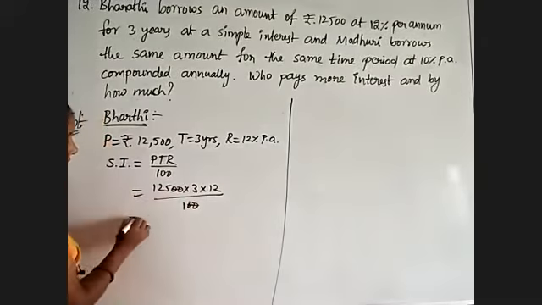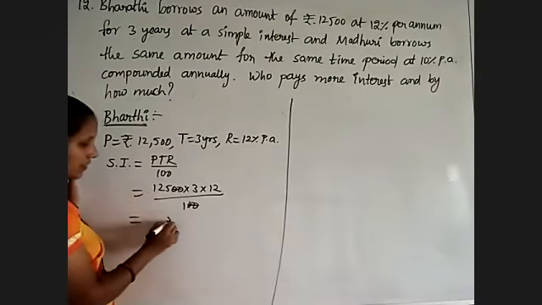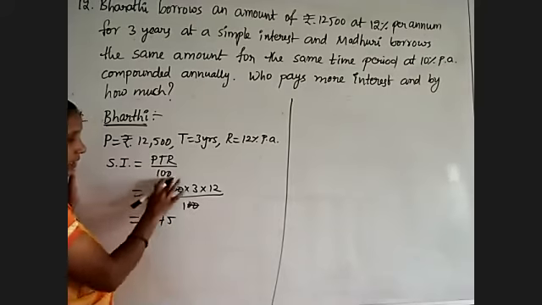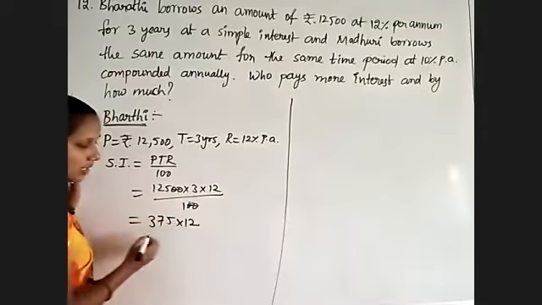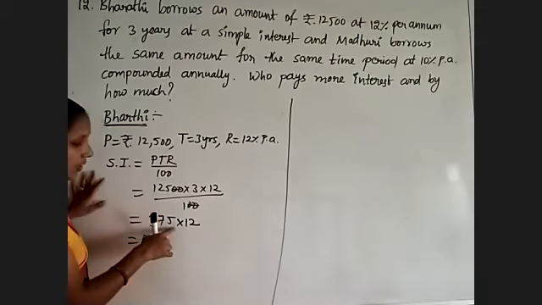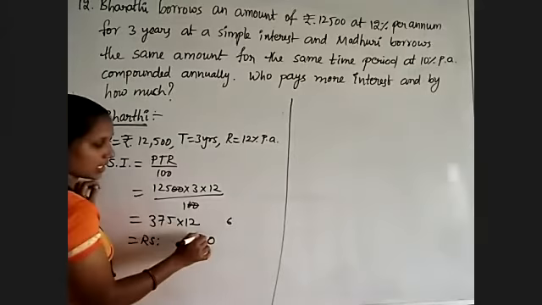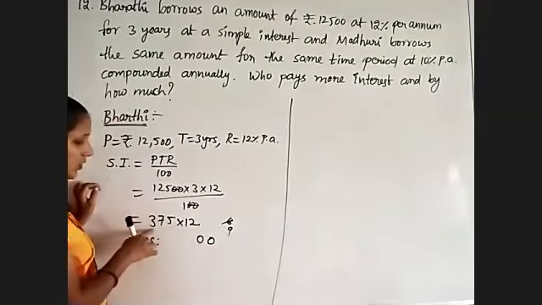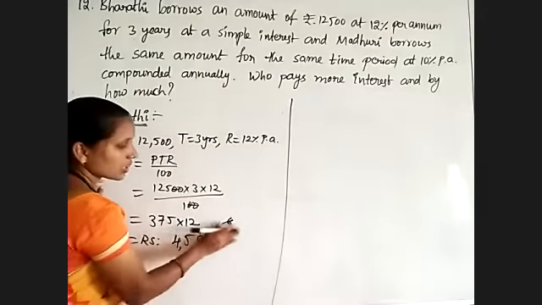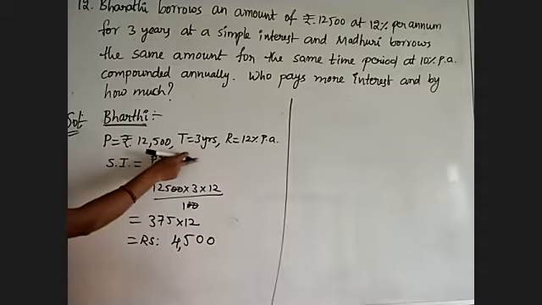Two zeros get cancelled. 125 times 3 is 375. So 375 into 12, which is nothing but the interest she paid for this amount. 12 times 5 is 60, 12 times 7 is 84, 84 plus 6 is 90, 12 times 3 is 36, 36 plus 9 is 45. So 4,500 is the interest she paid for this amount for 3 years.